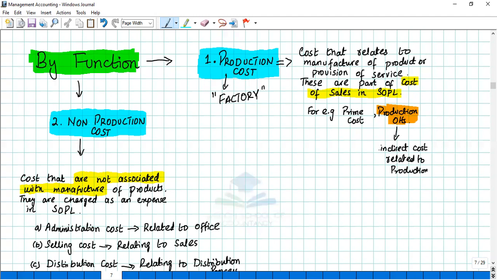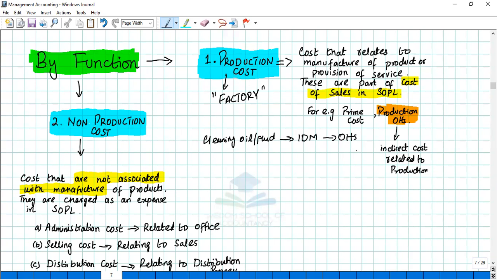Now let me give you an example of production overheads. We just talked about the cleaning oil or fluid. It is an indirect material, and indirect costs are known as what? They are known as overheads. So if a cost is indirect, it's part of overheads.